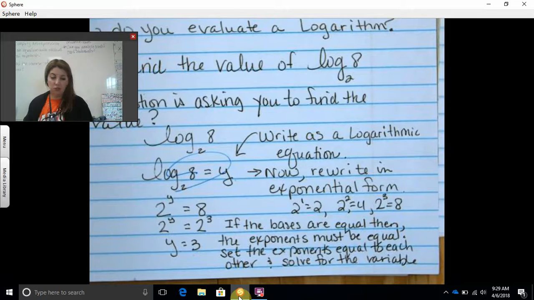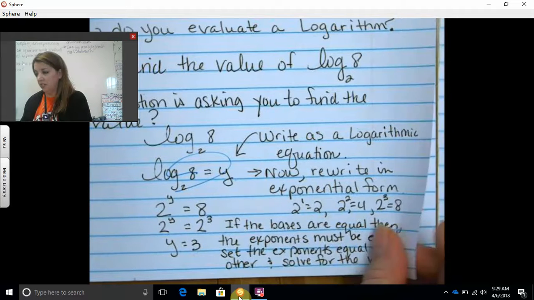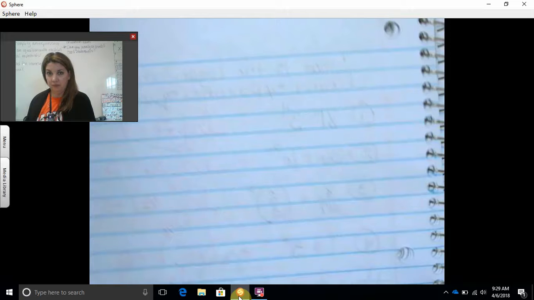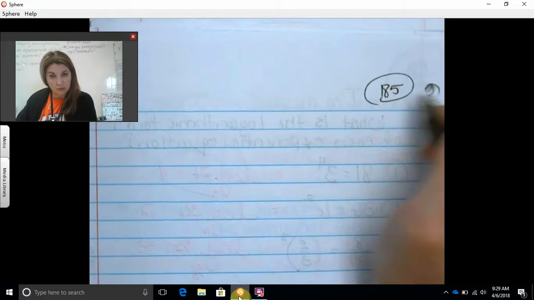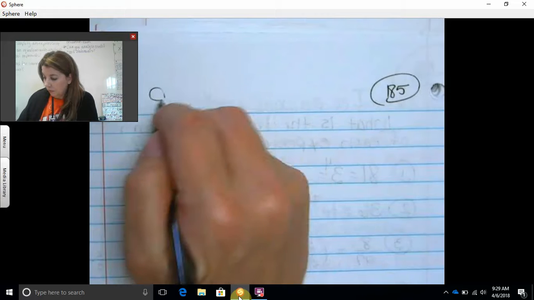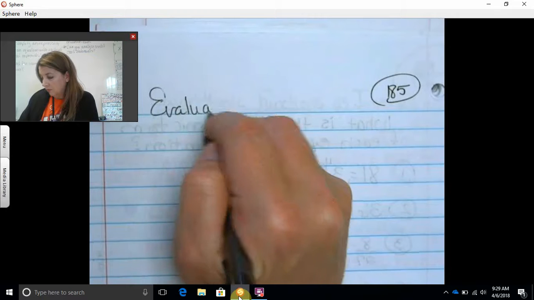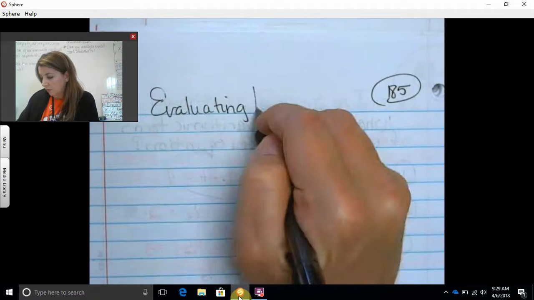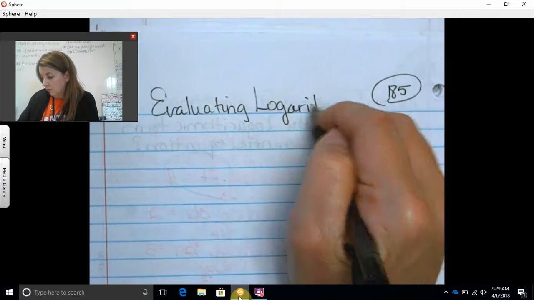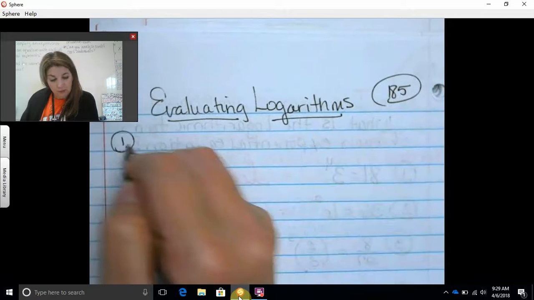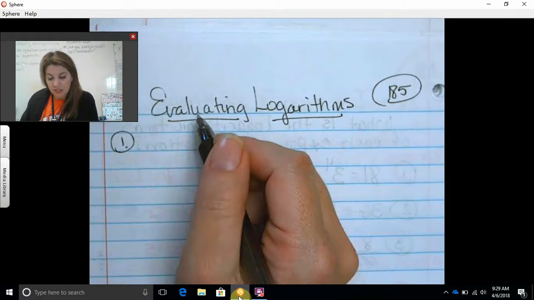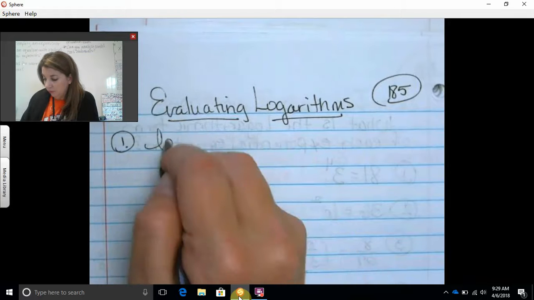Okay, page 185. Let's evaluate several logarithms. Number 1, we have log base 2 of 16.